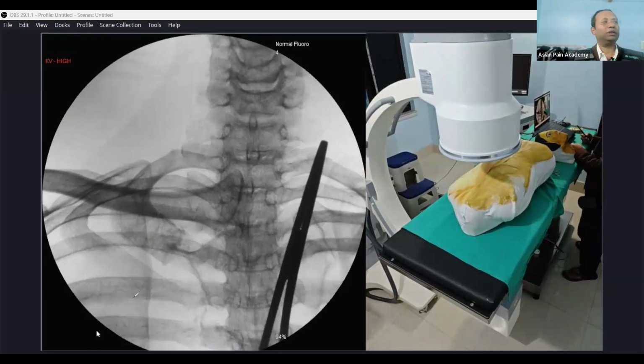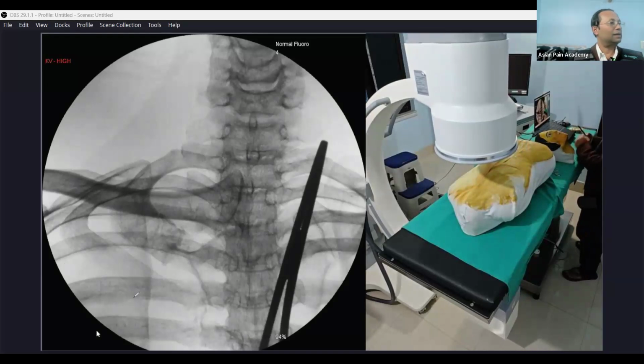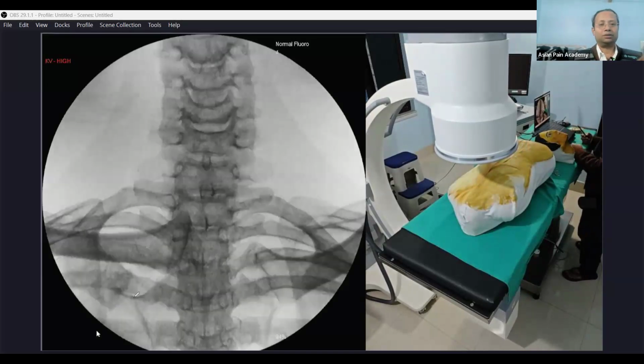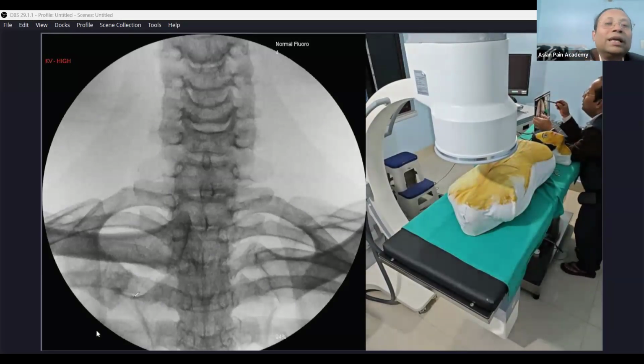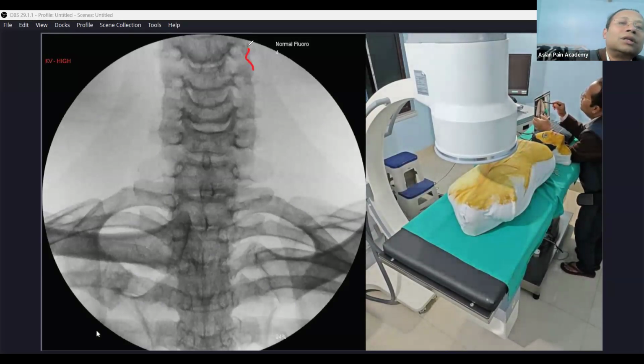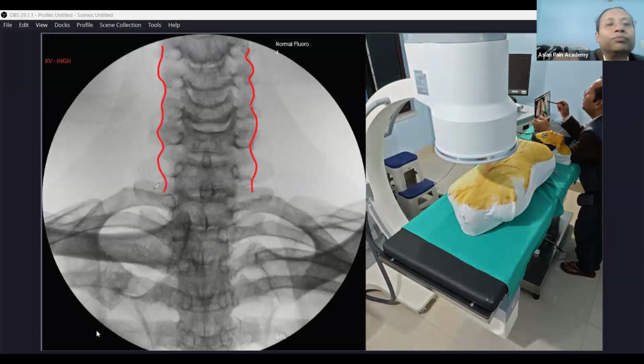Bring it medial. Now this is the AP view. We can see the troughs and the heels.